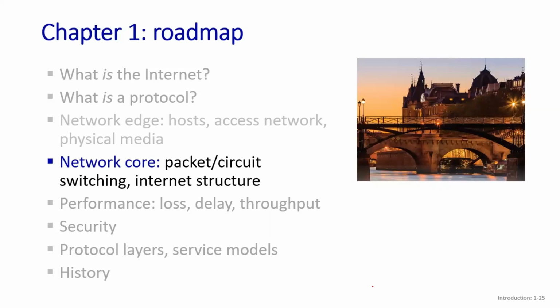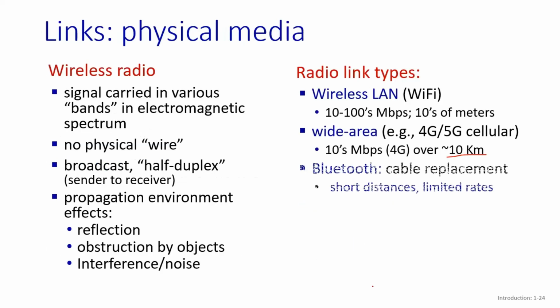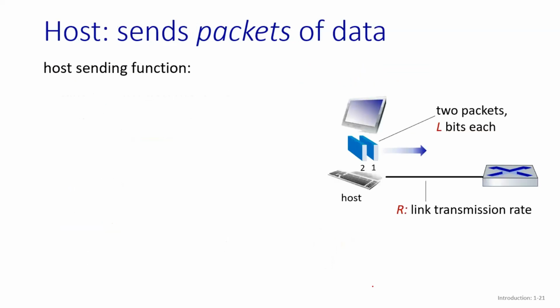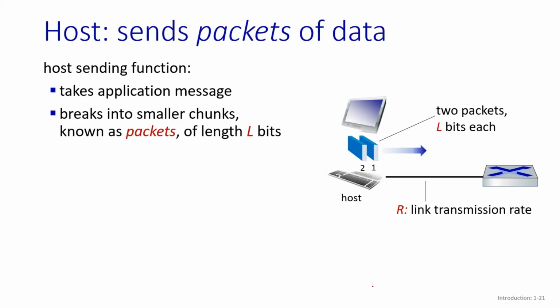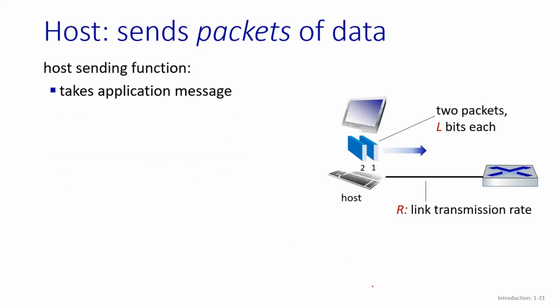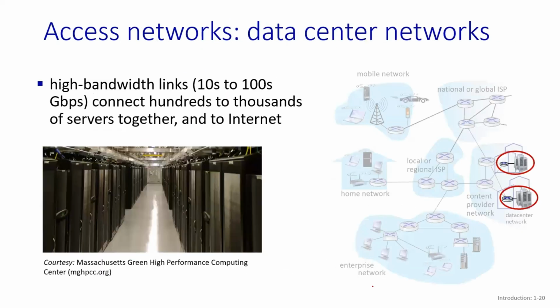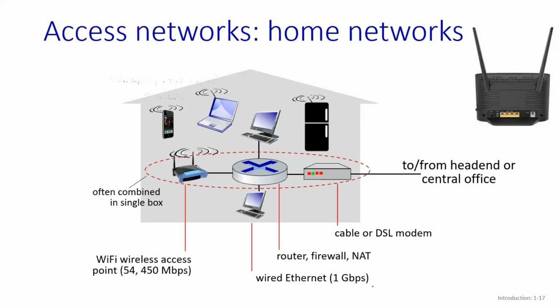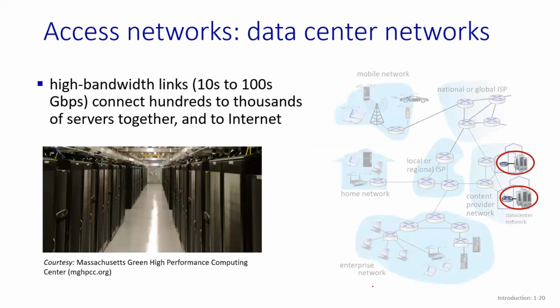We have seen twisted pair cables, coaxial cables, and we studied guided and unguided media. We have also seen the packet transmission delay, and also the enterprise networks and wireless networks. So this is it for today.